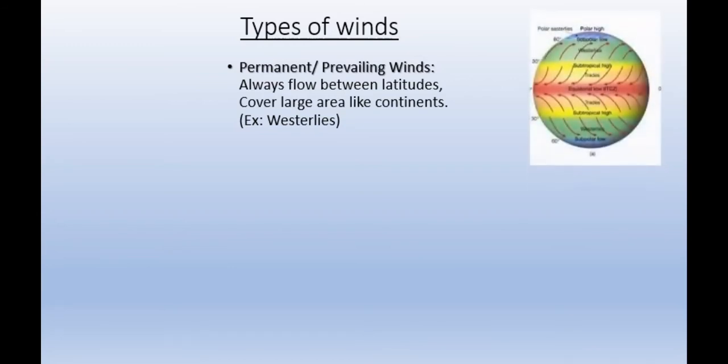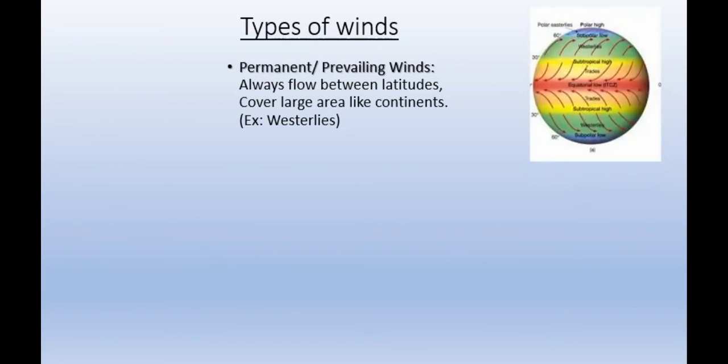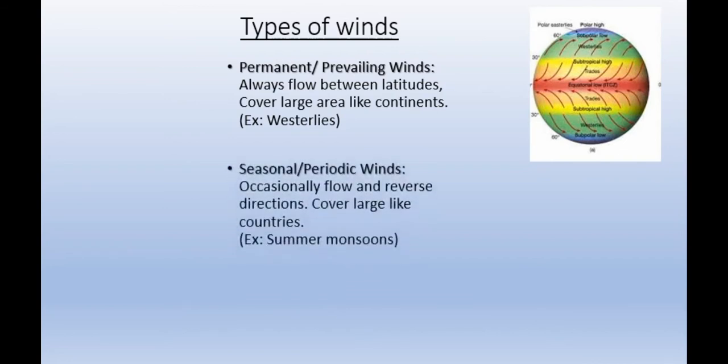Now, see here, you can see the types of winds: the red color region is the equatorial region and the yellow color is the temperate region. Usually, we will get trade winds and anti-trade winds. Next you can see seasonal or periodic winds.